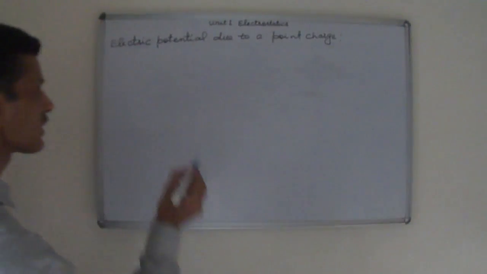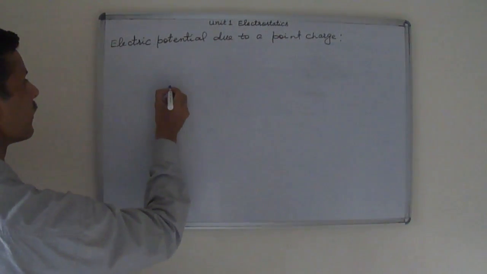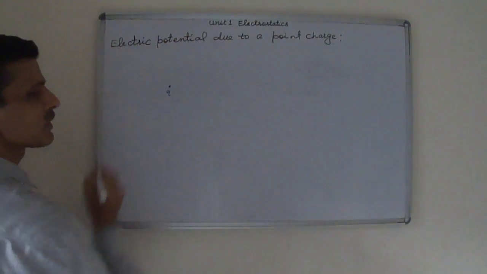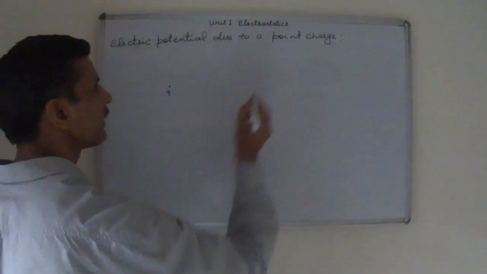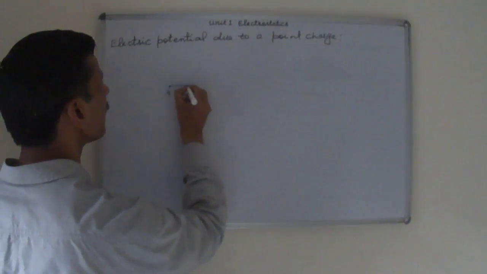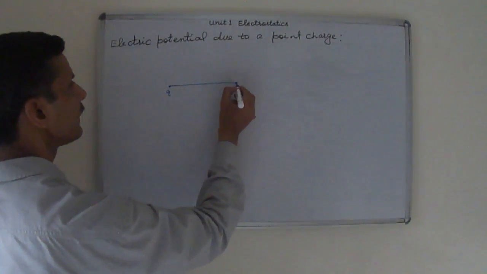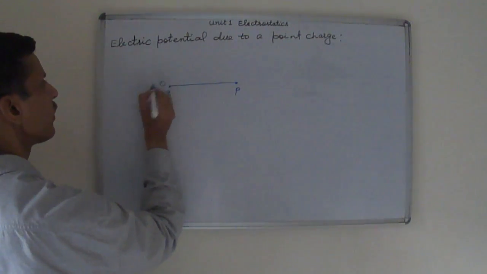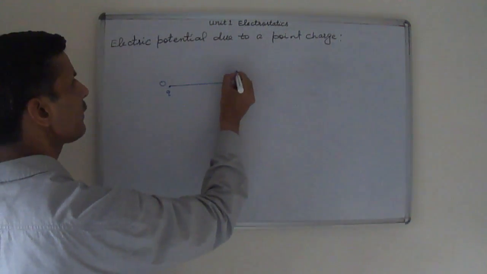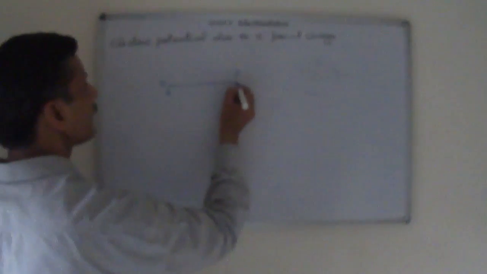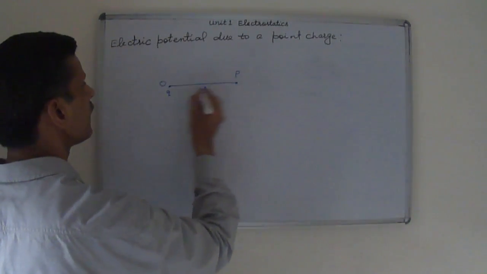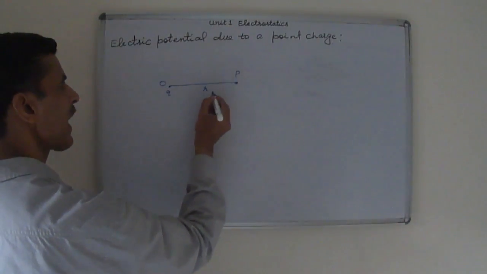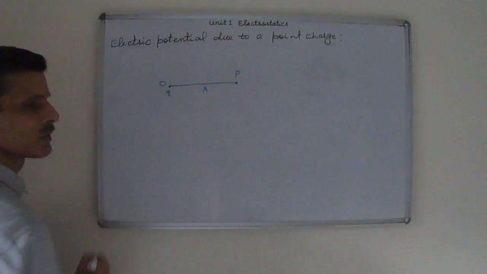So consider a point charge Q, and for simplicity let us take positive point charge, and we want potential at point P. Say charge it is at point O, and we want potential at point P, at r distance away from charge.